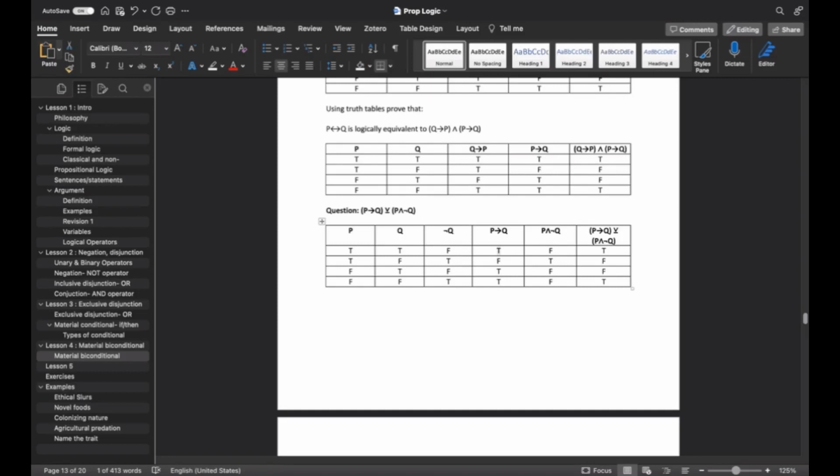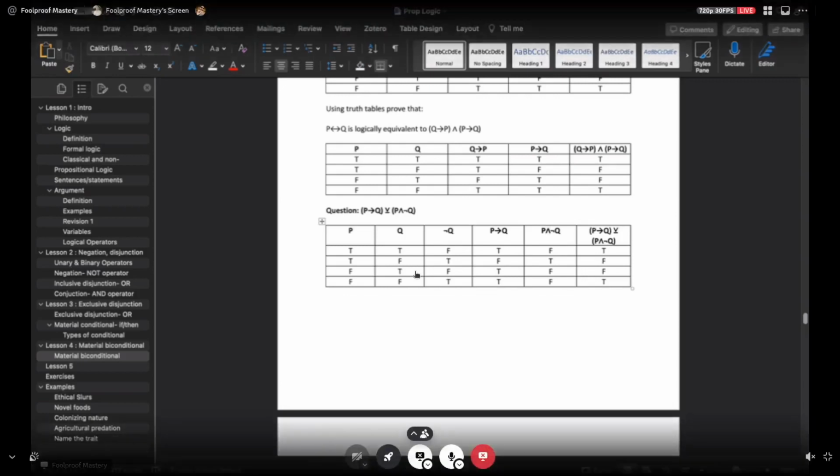And then after that we have P and not Q. When you've got a conjunction, you want both to be true.